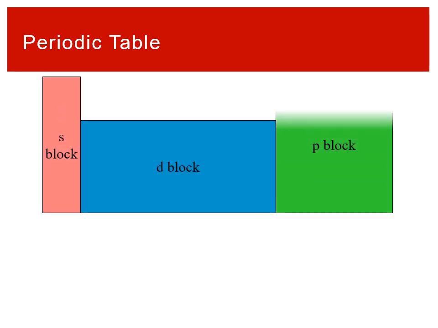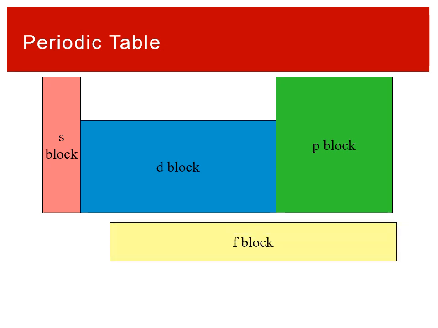So if we want to plot out the periodic table, we can start to see that organization, we can start to chop it up. We can see that there is what's called an s block, the d block, the p block, and the f block. So these letters s, p, d, f correspond to the highest energy subshell of all atoms in those blocks.